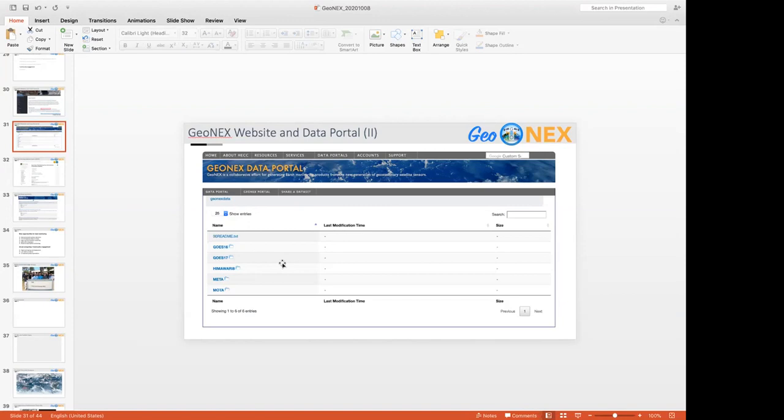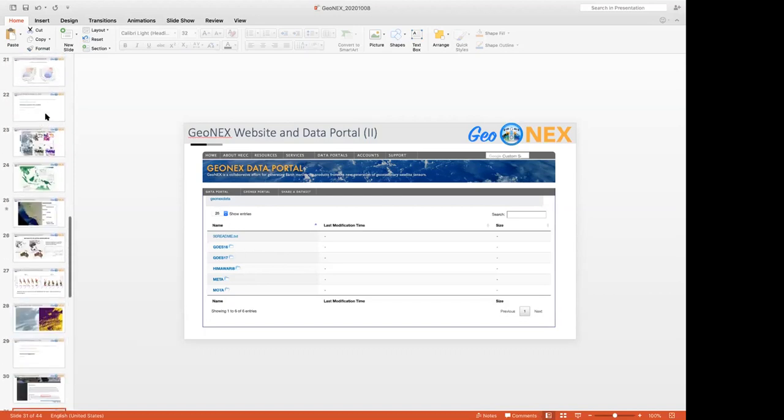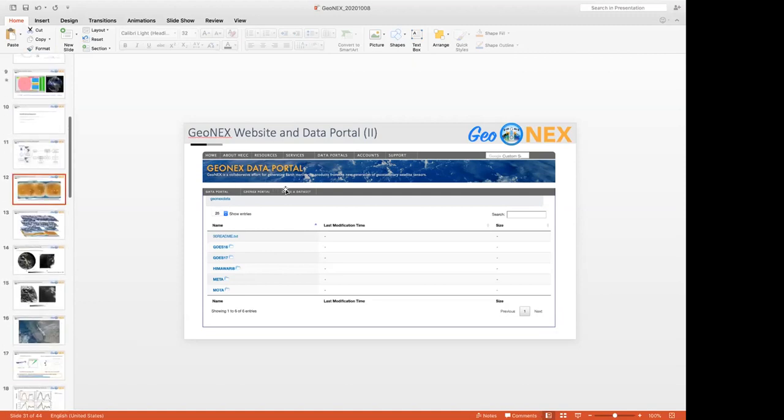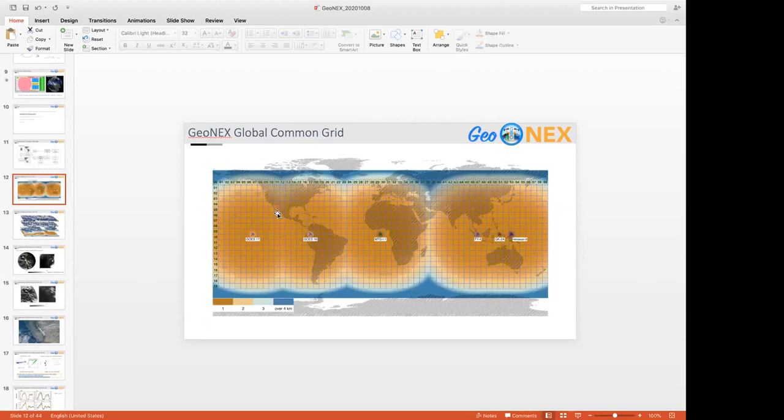Because of the data volume, my recommendation is to first locate the area you're interested in and download just a few tiles. In our case, our common grid is 6 degree by 6 degree tiles. Download a few tiles, but with all the data for those tiles, because the most important feature of geostationary data is the time sequence. You don't want to miss that. If you take just a snapshot, it's no different from MODIS, maybe worse. No different from Landsat, but with coarse resolution.